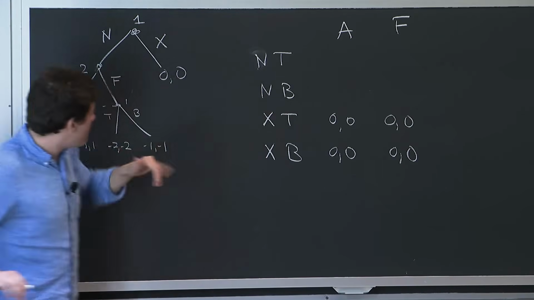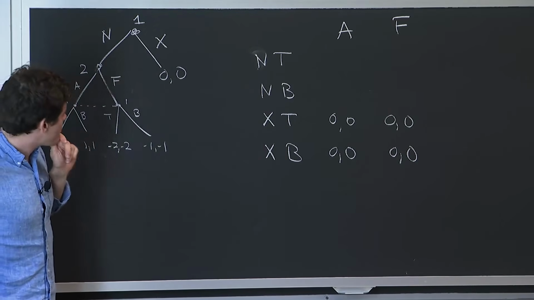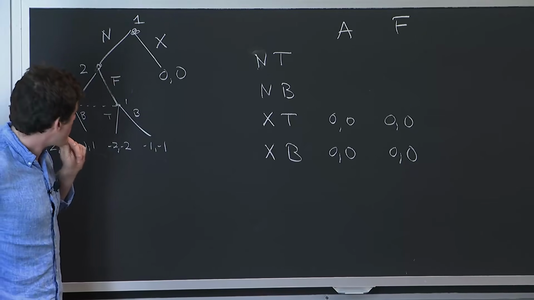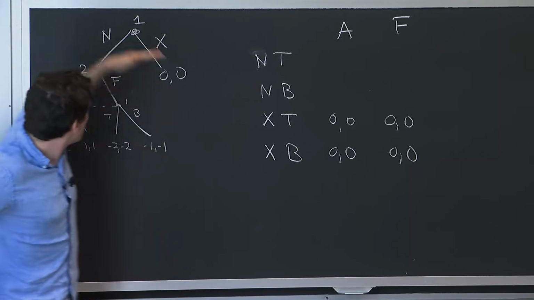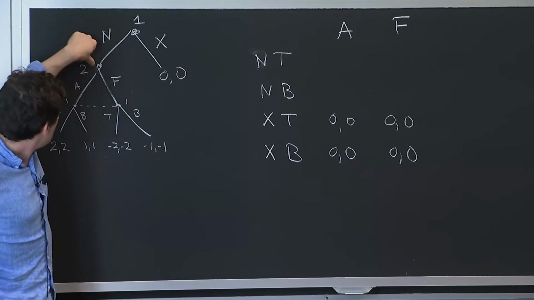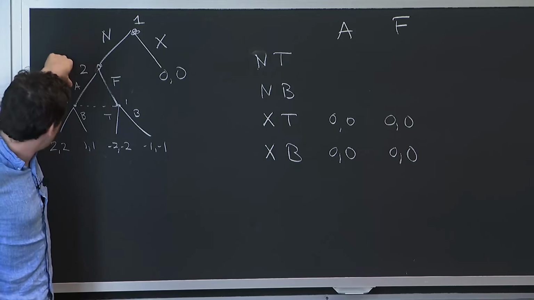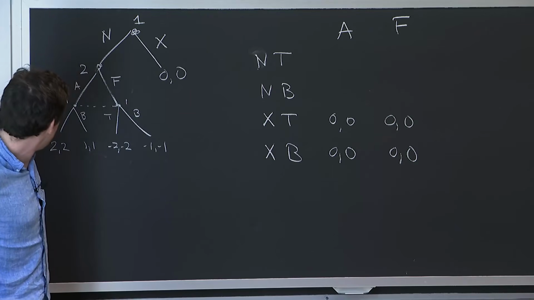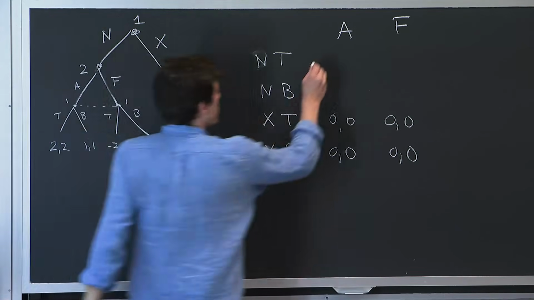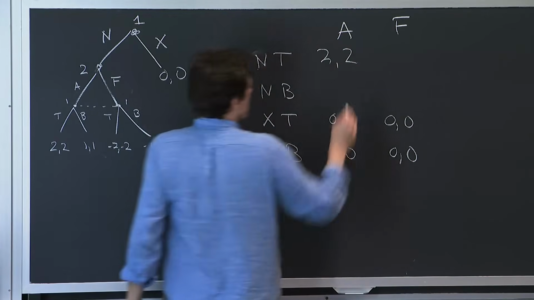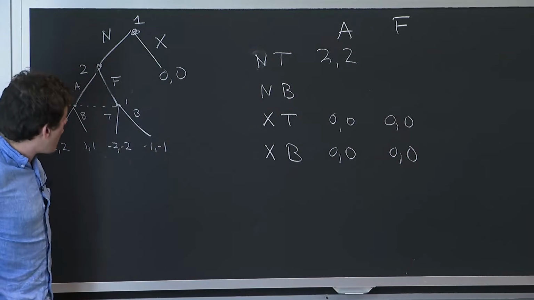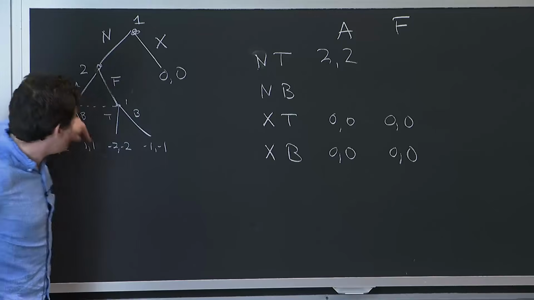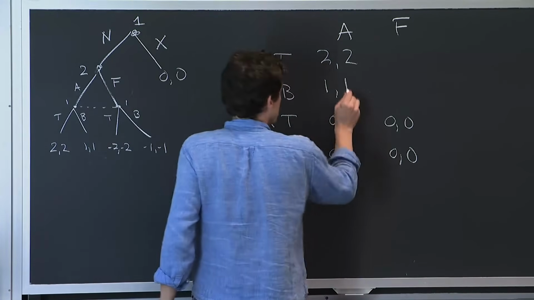Next, let's figure out what happens under the other strategies. So first, player 1 enters. If player 2 accommodates and player 1 plays T, then we're going to get 2, 2. And if player 2 accommodates and player 1 plays B, we're going to get 1, 1.